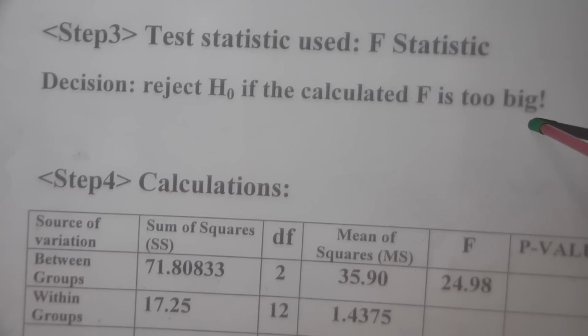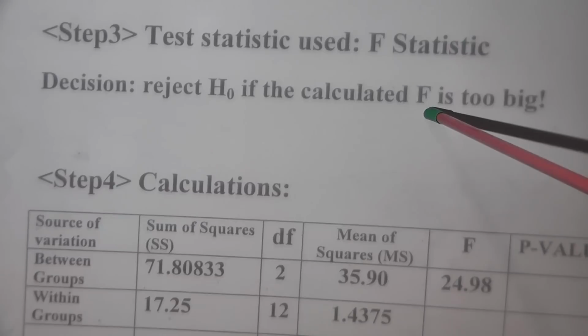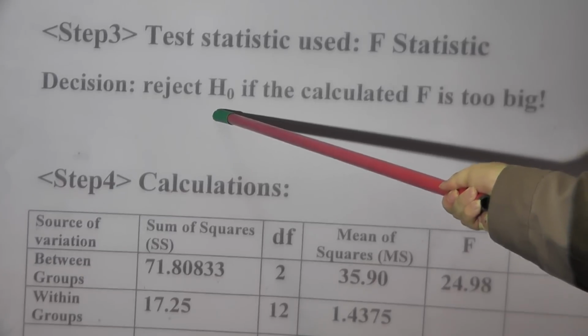So that gives the conclusion that MSG should be very small. So when MSG is divided by MSE, when we expect to see a small MSG, that is to say we expect to see F is small, under H0 is true. But if we obtain a large F value, that is support HA is true. So that's why we reject H0, okay?